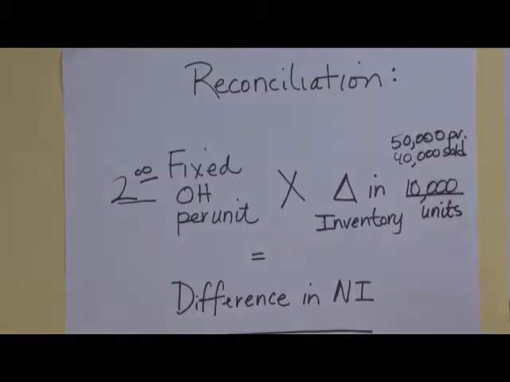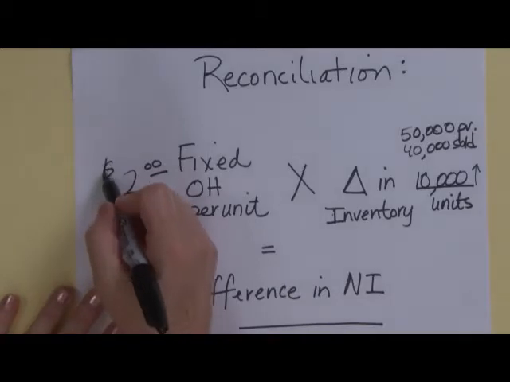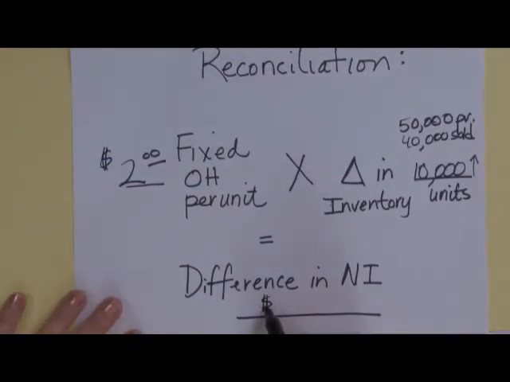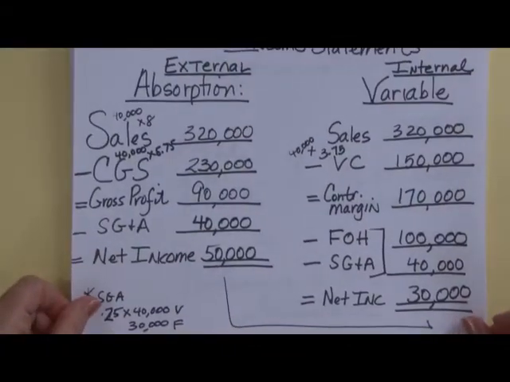And in this case, our inventory was building. The difference in net income is simply the $2 times the 10,000, which is $20,000 difference. And of course, that's what we found here.